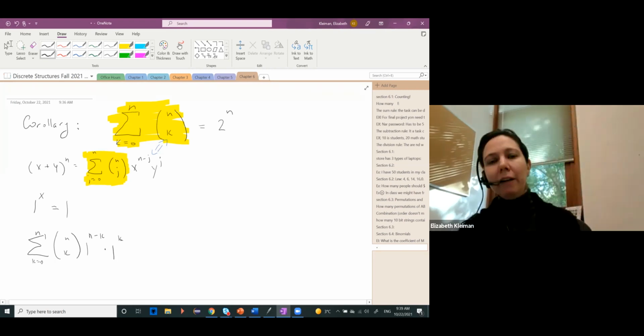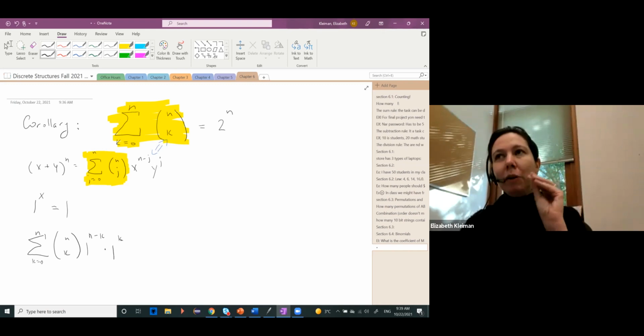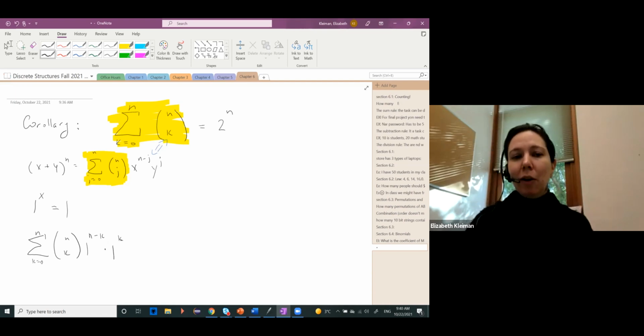Do you agree that this one is equivalent to what I have on top? Because 1 to the power n minus k is 1, and 1 to the power k is 1, correct? So it's literally like writing nothing. But what does it mean going backwards? It means that my x is 1 and my y is 1, correct?